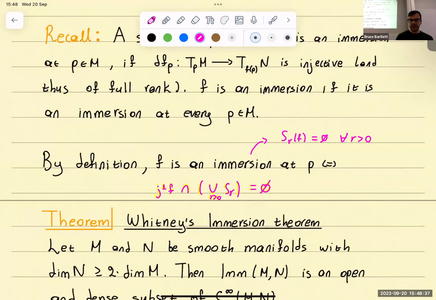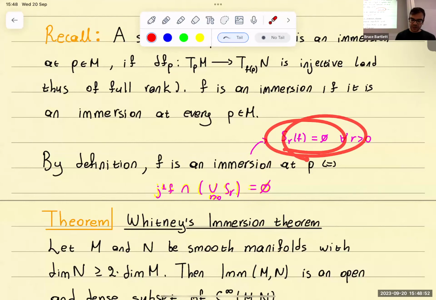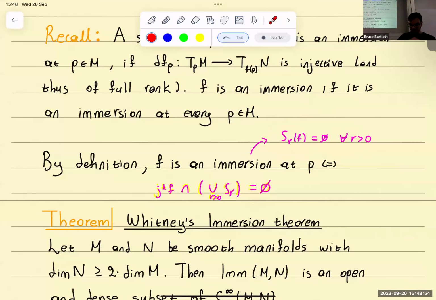Therefore, the subspace of M where the differential of F drops rank by R must be empty for all R greater than 0. It's by definition. And this condition by definition means that J1F intersects all of the S_R vacuously if R is greater than 0.